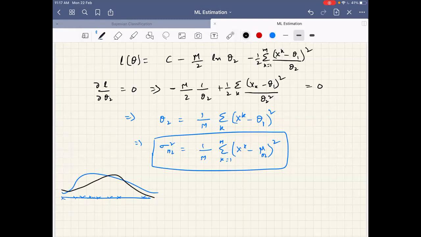It may not be an appropriate fit, but we can fit it. Whenever we want to model any class likelihood, p of x k given omega, we model it with this.